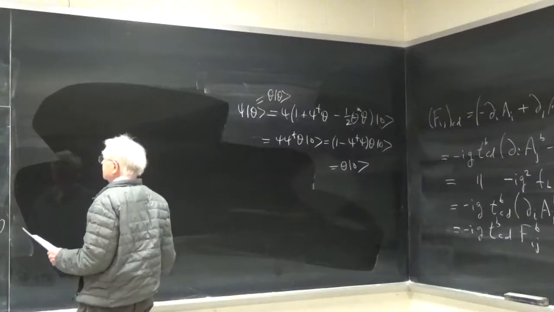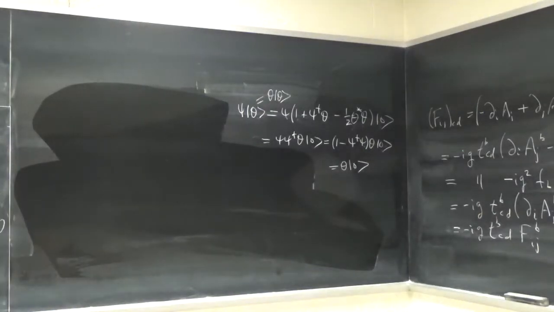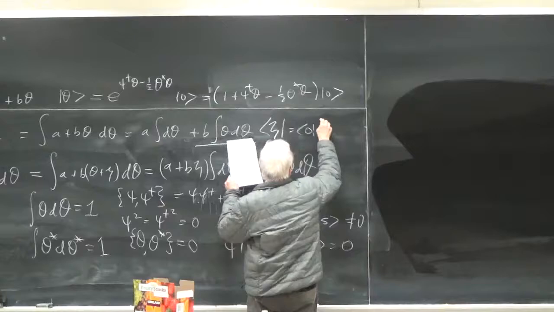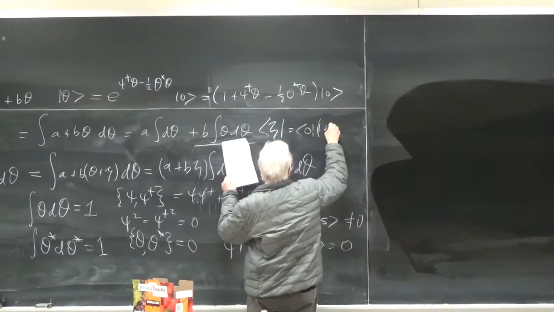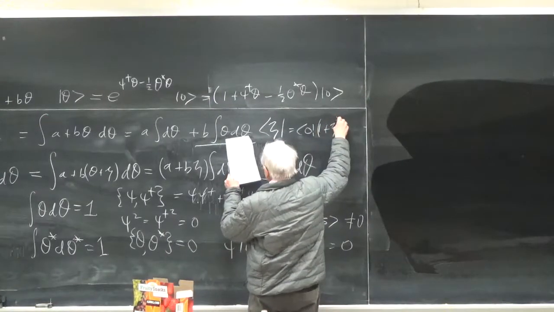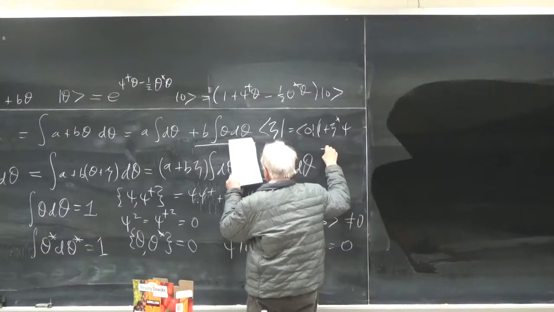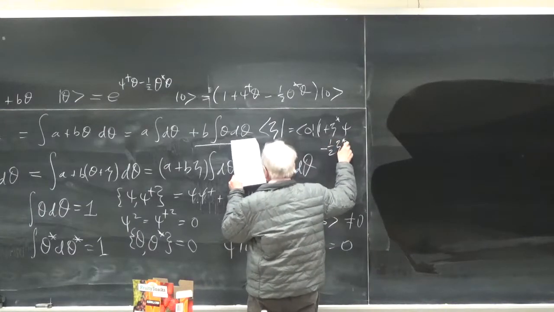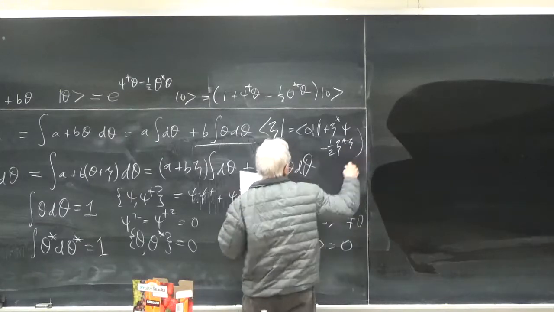So the ket, while it dries, I'll use this. A ket zeta would be 0 times 1 plus zeta star psi minus a half zeta star zeta.